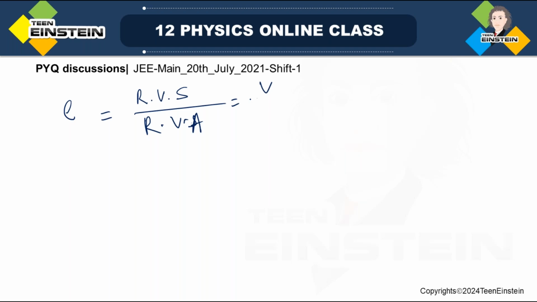It is going with velocity v, and there is another velocity which is coming from the angular rotational motion, that is omega L by 2.